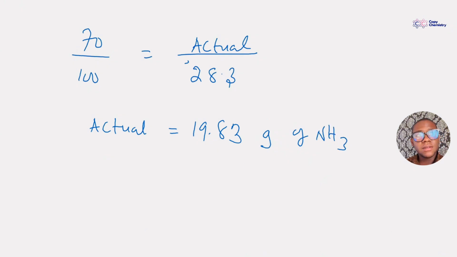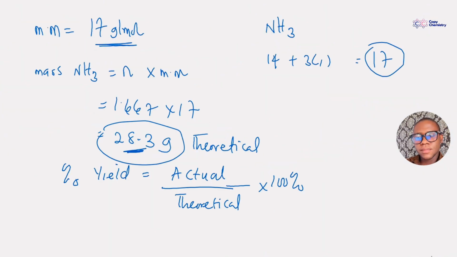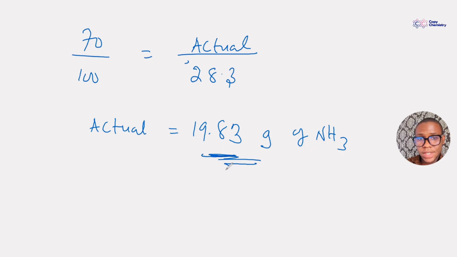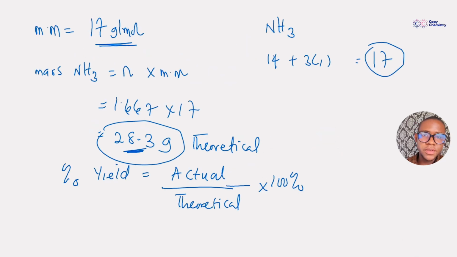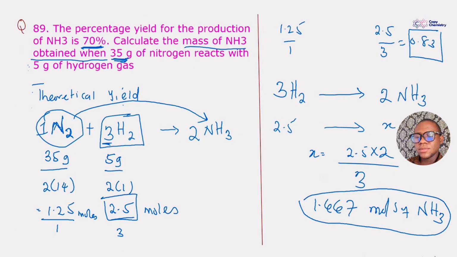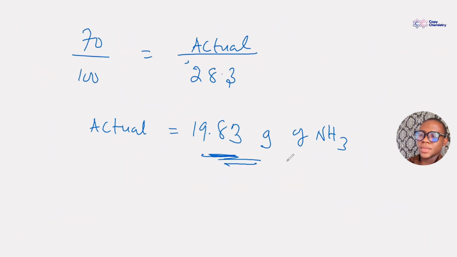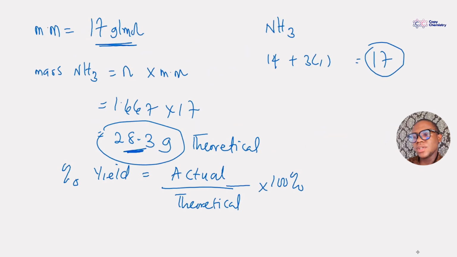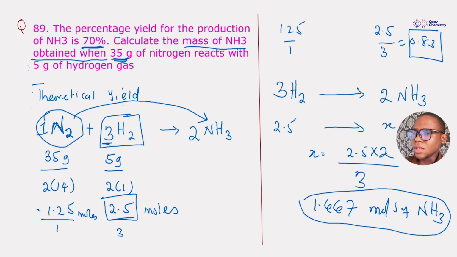So you notice that this particular question, as well as the previous questions we've been working on that has to do with actual yield and theoretical yield, the actual yield is usually smaller than the theoretical yield. See that? Smaller than the theoretical yield. So that means it makes sense. All right, so this is the answer to the question. 19.83, that's the actual yield, and that is basically all.